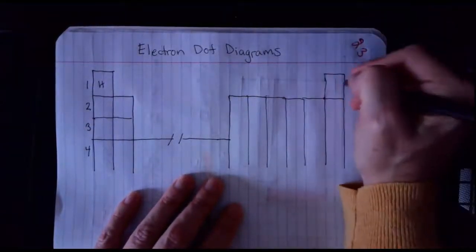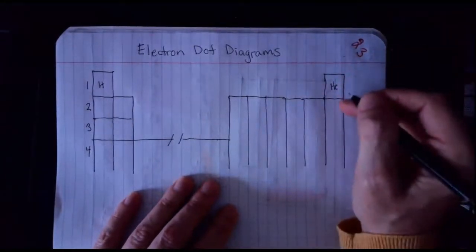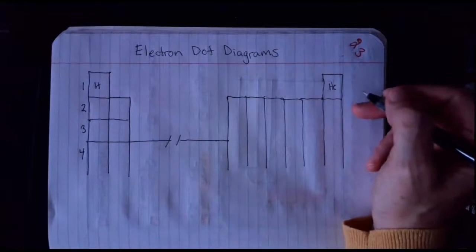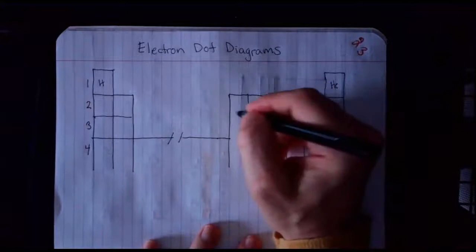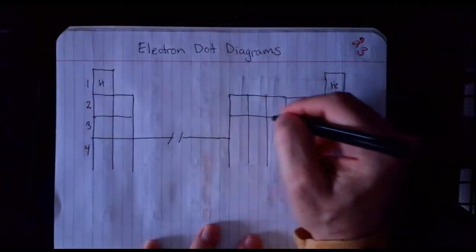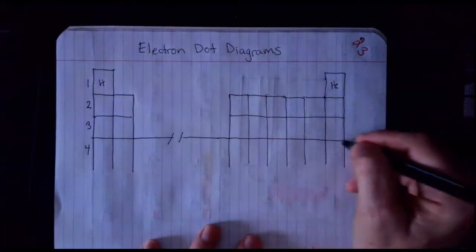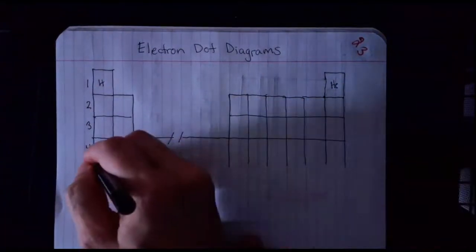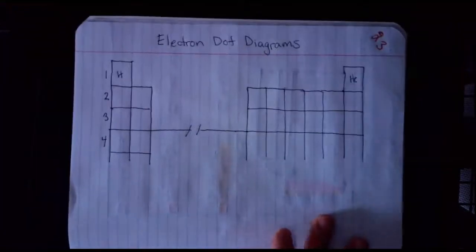When you're putting your element symbols in here, make sure you don't take up all the room, because we're going to turn these element symbols into dot diagrams today. So now I'm going to go back in. This is where having that periodic table that I had you pick up at the beginning of the year comes in handy, because you wouldn't have to wait for me to put mine in.